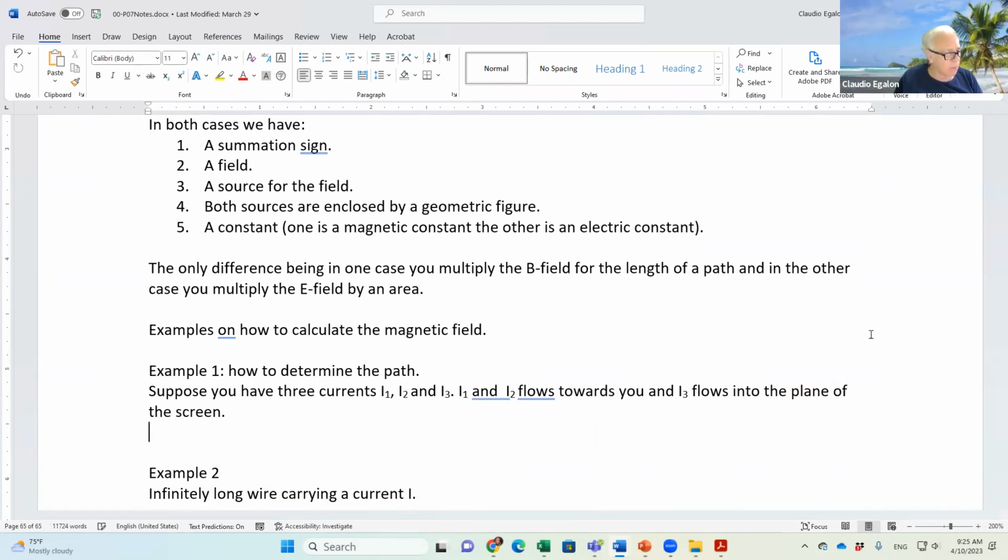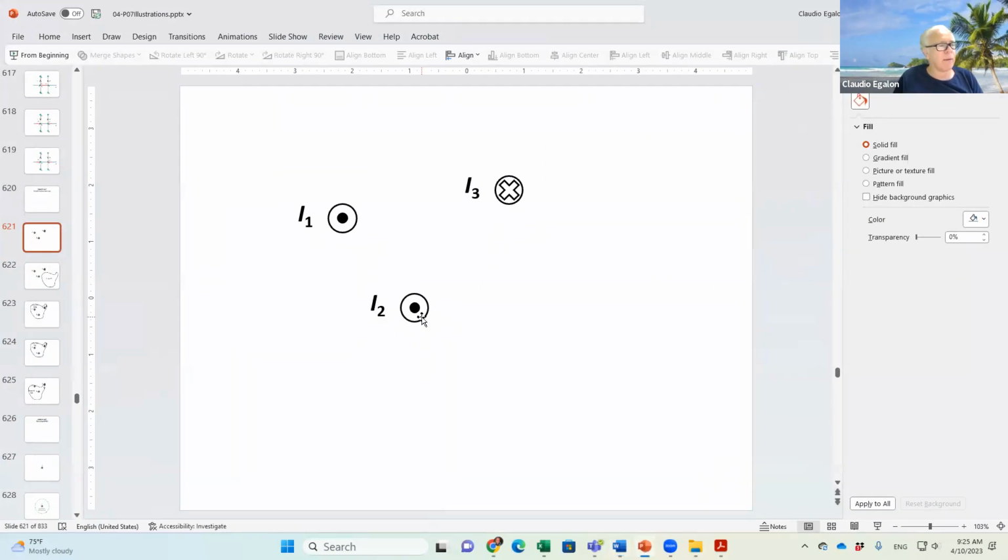That's what we have right here: I1 pointing towards you, I2 points towards you, right? And I3, the current is flowing into the plane. Okay.